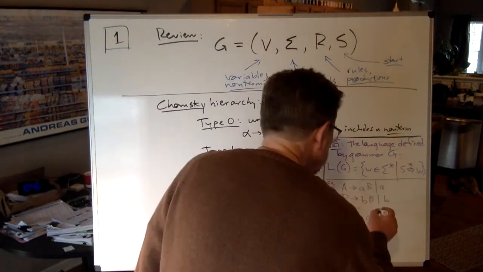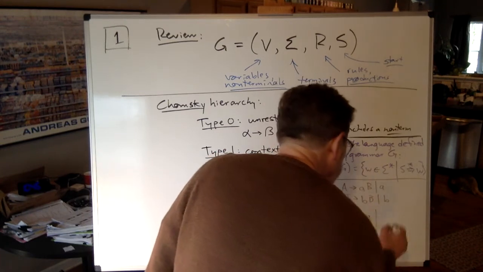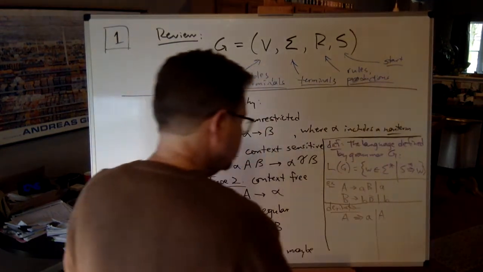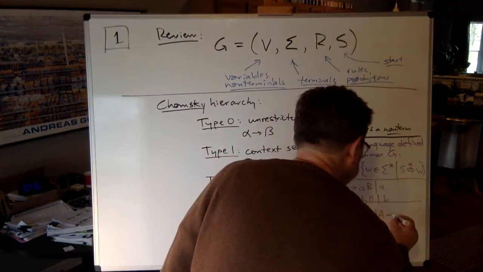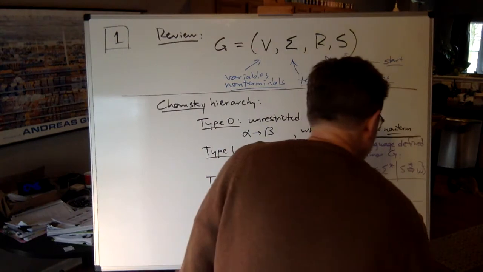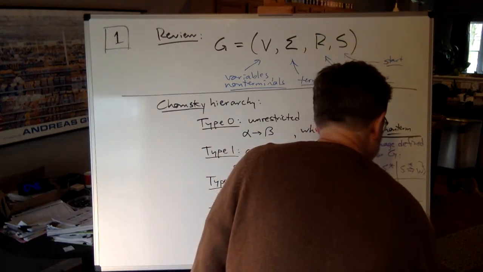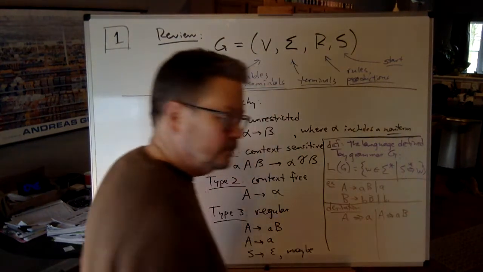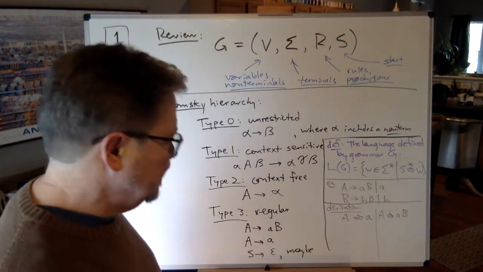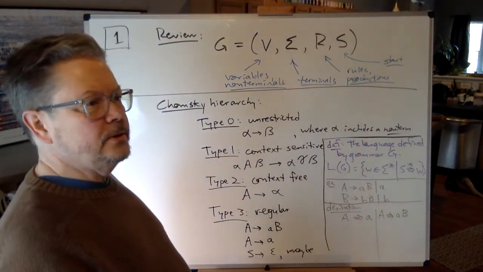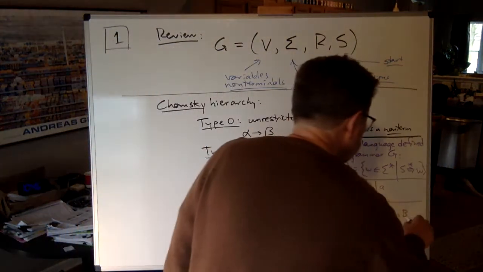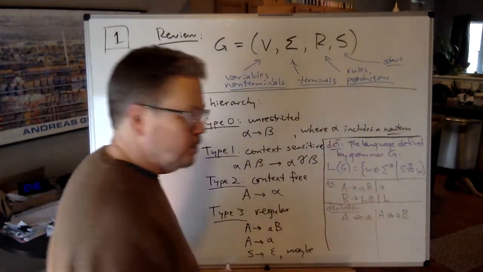Let's do another one. Or maybe I start with capital A, slice and dice this board every which way but loose. Maybe this time, to make it a little more interesting, I'll use the first production here, A goes to a capital B. My own personal convention, to make it easier to follow and easier for your instructor to follow what you've written, is to underline the non-terminals that are replaced at each step.